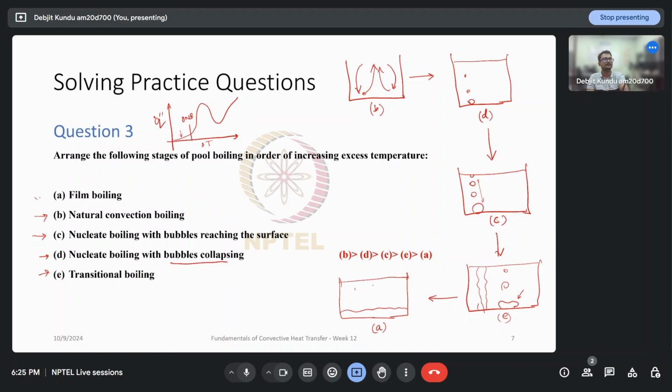This is where the Leidenfrost effect happens, as we saw earlier. Here, the rate of heat transfer also reaches a minimum. So these are the stages B, D, C, E, A, which is the correct order, arranged in order of increasing excess temperature. Right. This phenomenology is very important, and you have to keep that in mind.